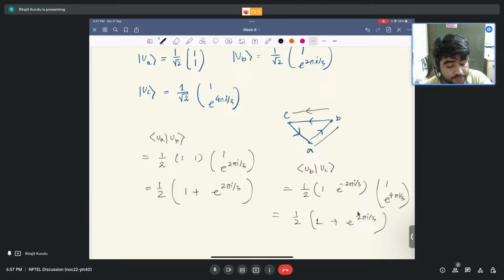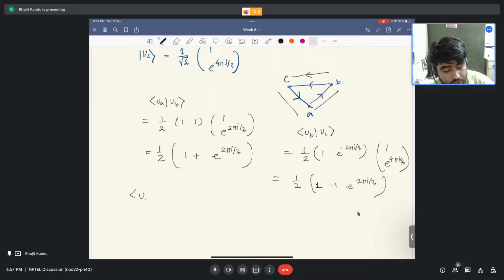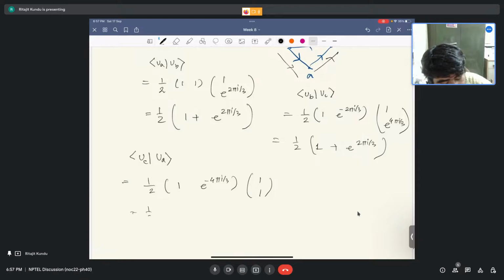The last term is C to A, UC to UA, because I have to finish at A to complete the whole path. This again becomes 1 by 2 times (1, e to the power minus 4 pi i by 3) and (1, 1), giving 1 plus e to the power minus 4 pi i by 3.